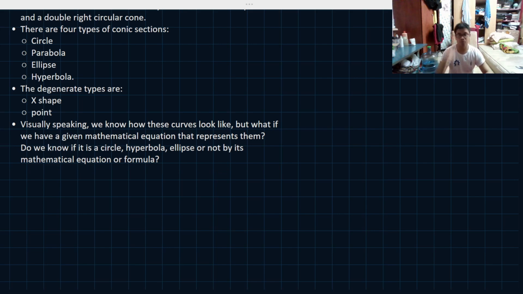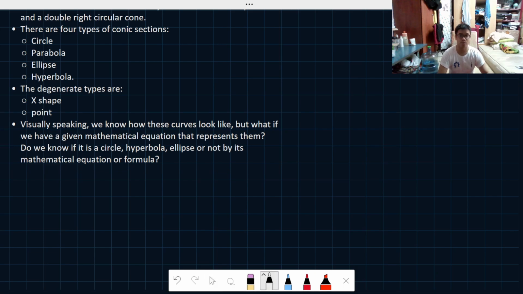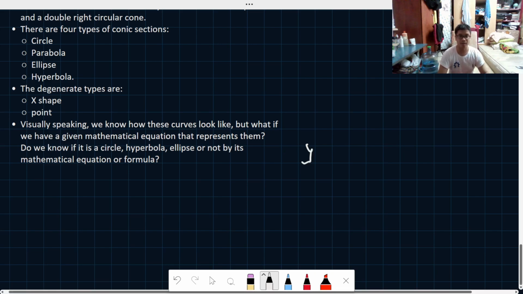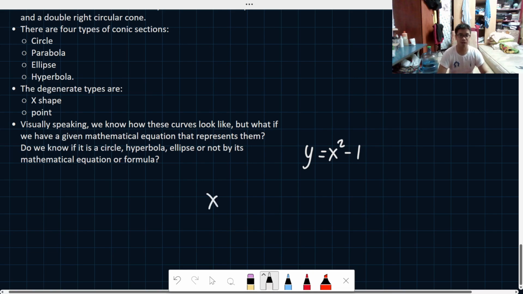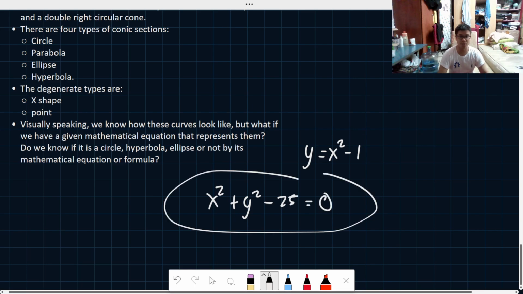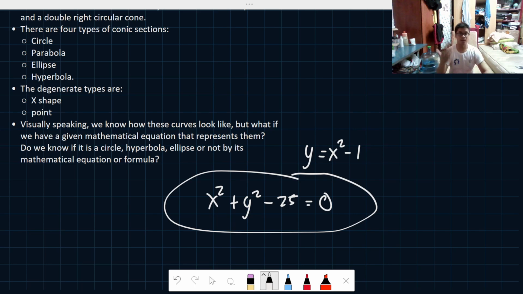If I give you this formula, for example, y = x^2 - 1, is this a circle? Or is this a circle? x^2 + y^2 - 25 = 0. Is this a circle? We will learn that in the next topic.